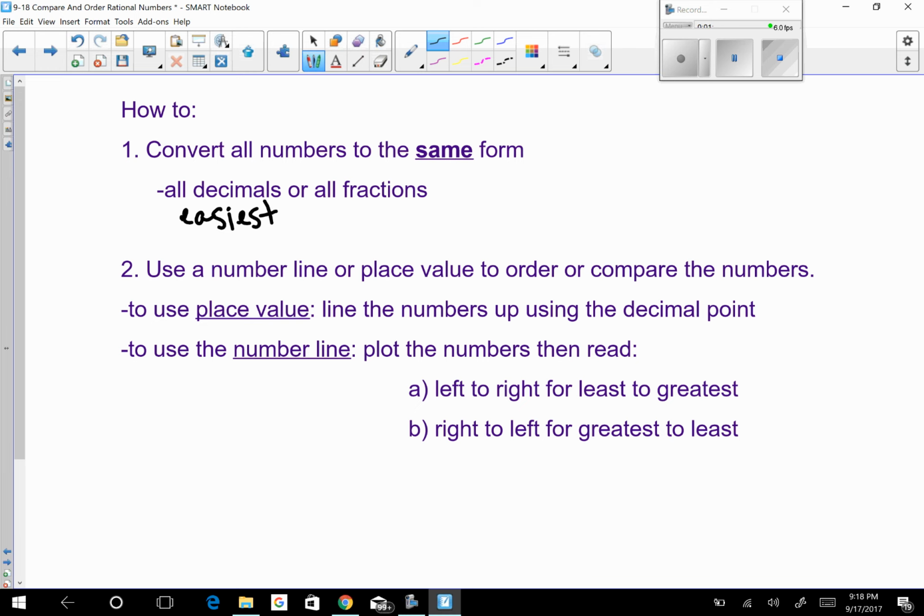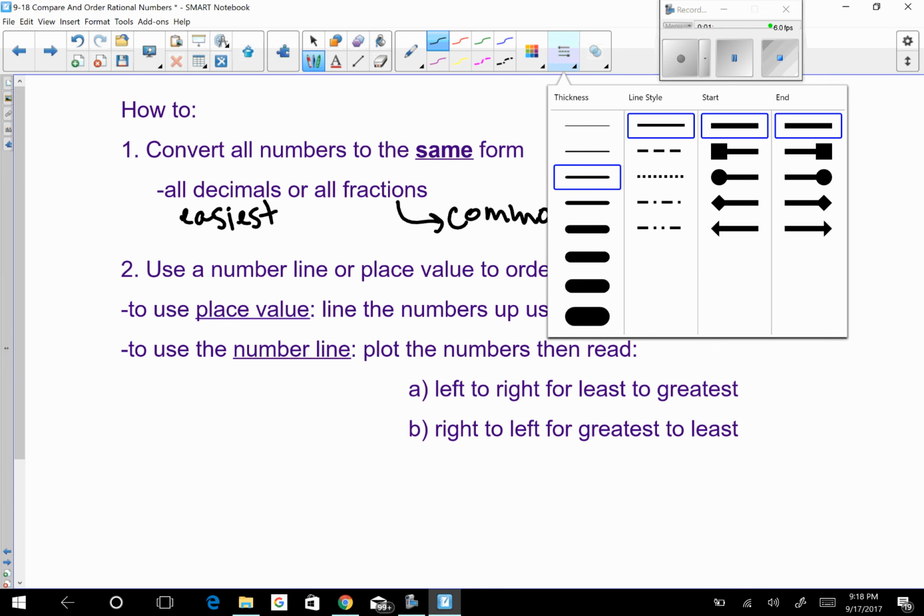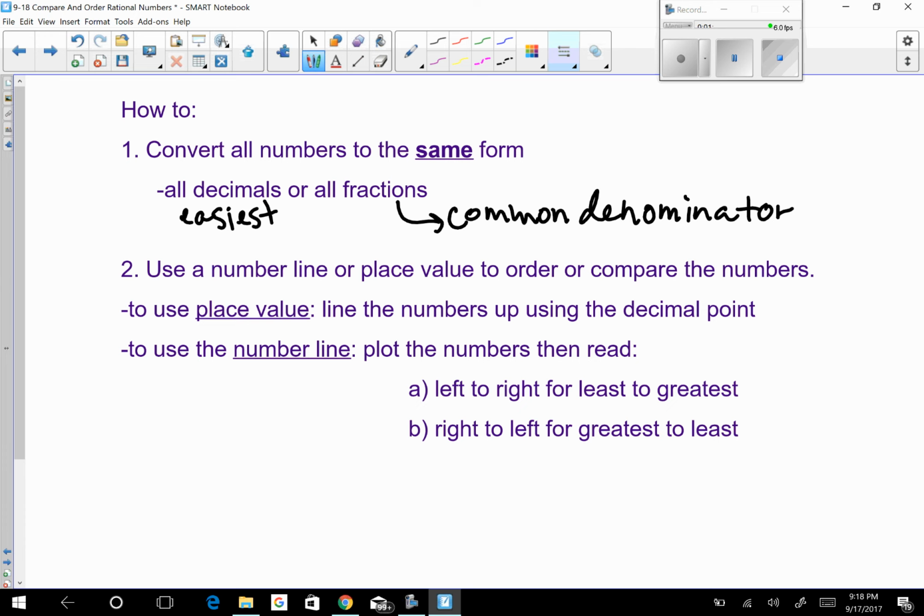And then fractions, you have to make sure that they have a common denominator. Now, with the fractions, the common denominator, that's going to be a little bit tricky. You may not always be able to get a nice and neat common denominator. So going with decimals makes it easiest.